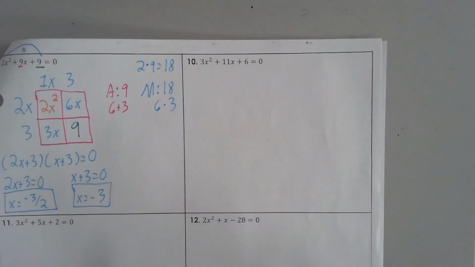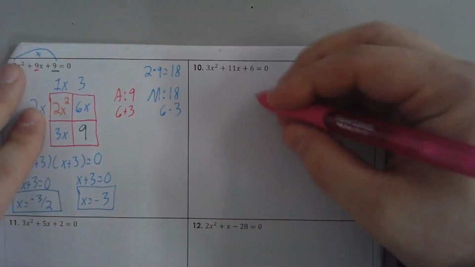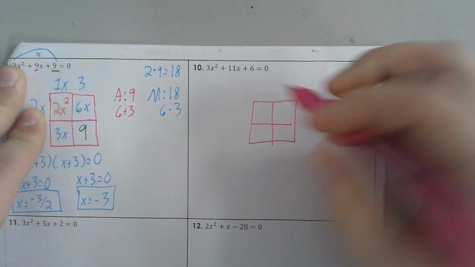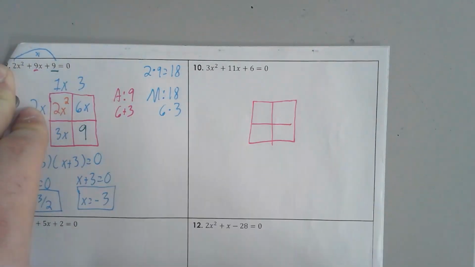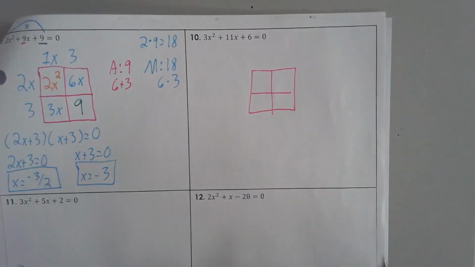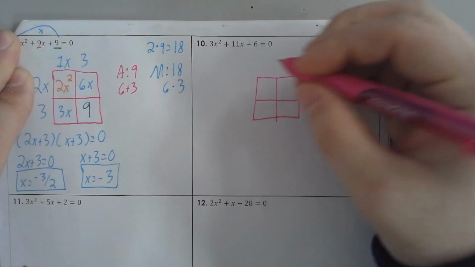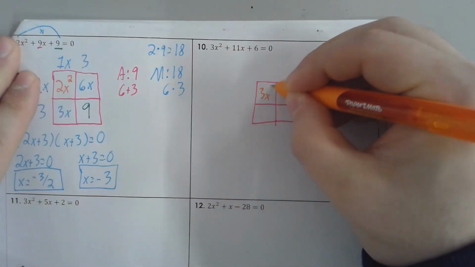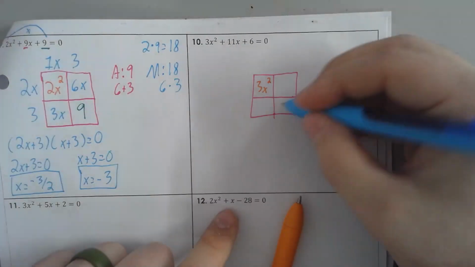Alright, number 10. Set equal to 0, check. 3 does not go into 11, does it? So we're going to have to use the box method. Alright, you all talk me through this. Six goes on the bottom corner.